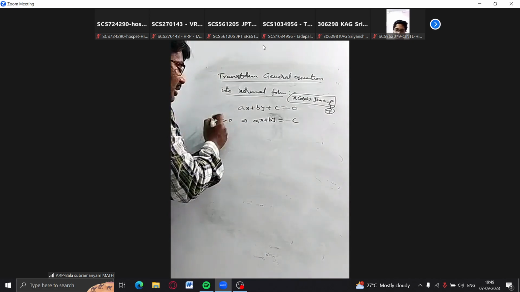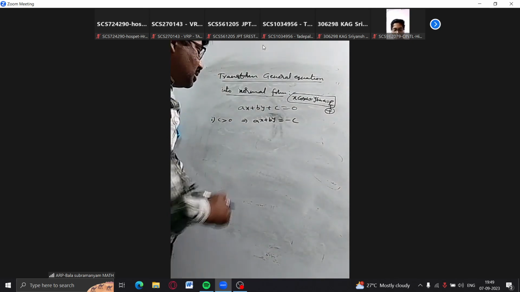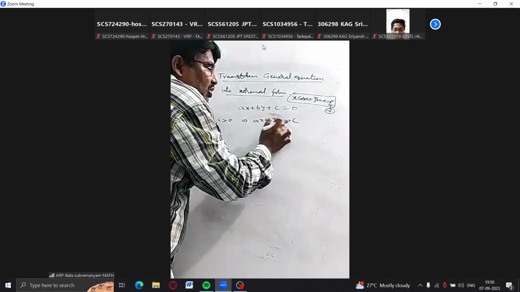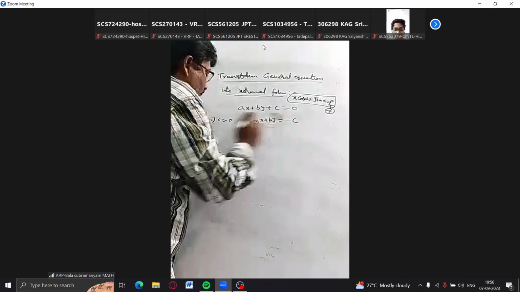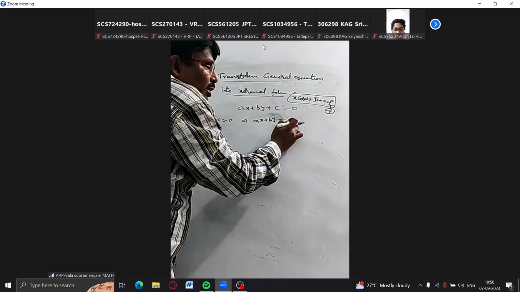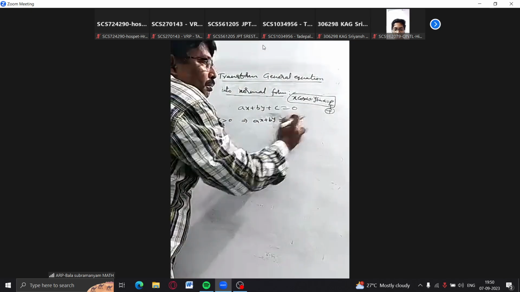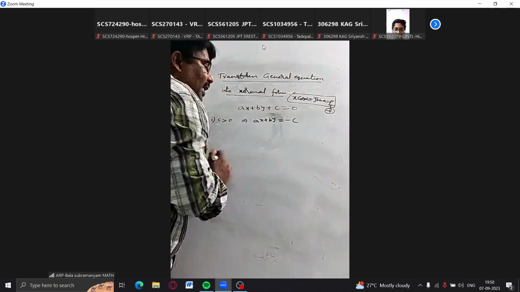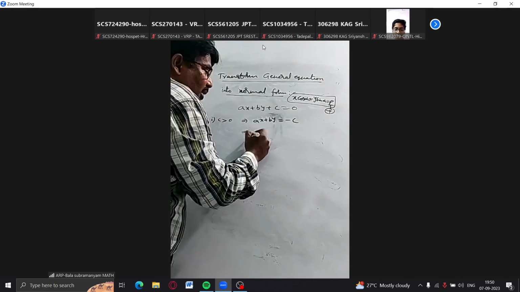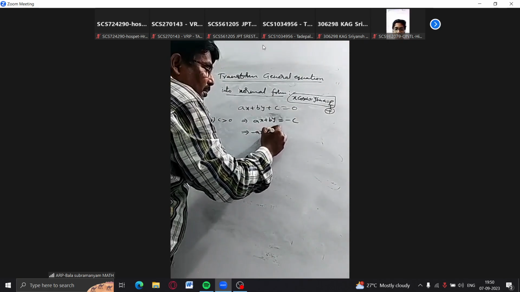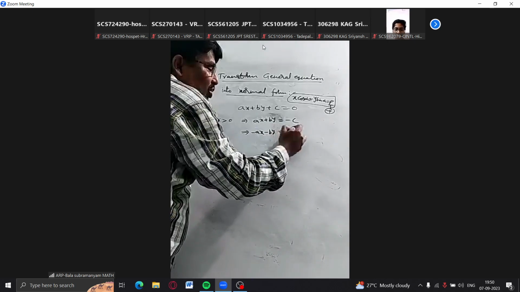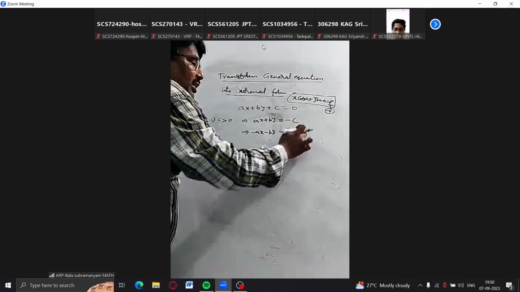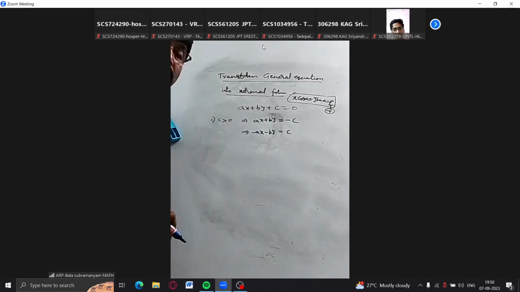So if the case 1, c greater than 0, the equation converted into ax plus by is equal to minus c. C value positive, so minus c is a negative value. But in the RHS it is always positive. That's why multiply with minus on both sides. That implies minus ax minus by is equal to c. C positive, so that's why this value is positive.